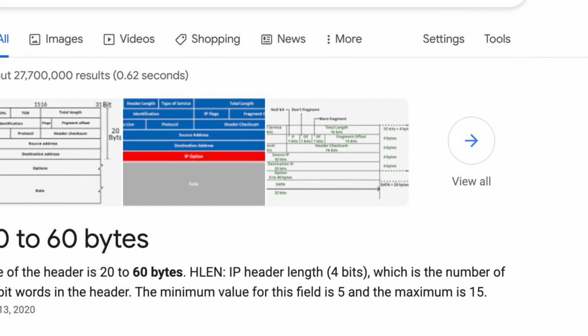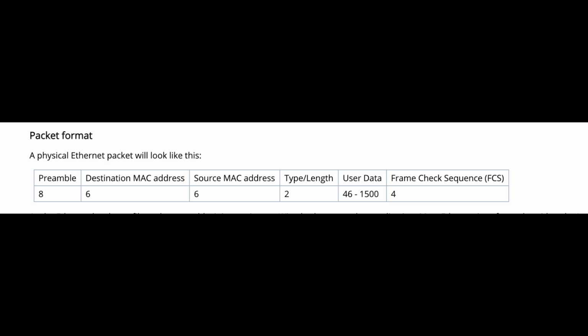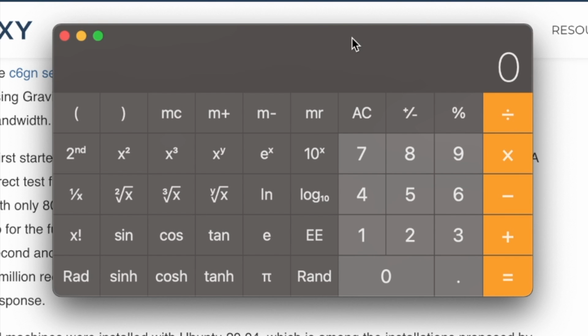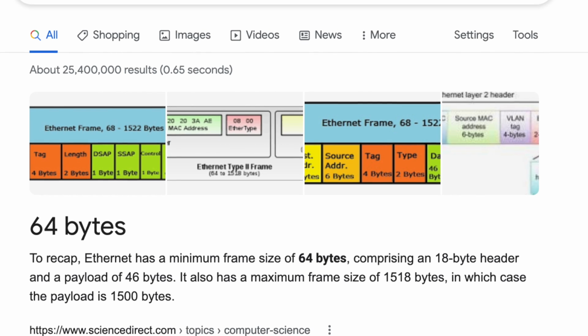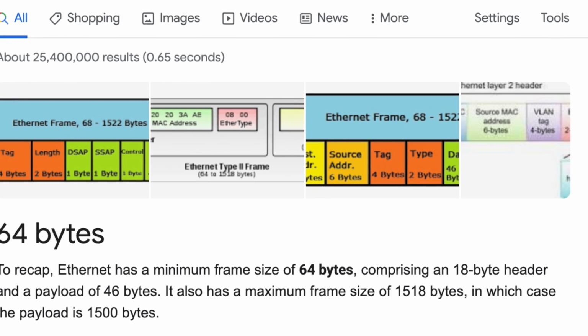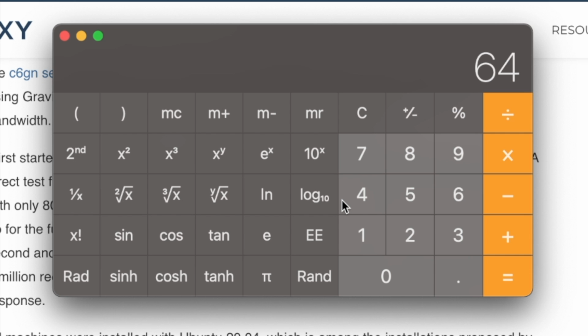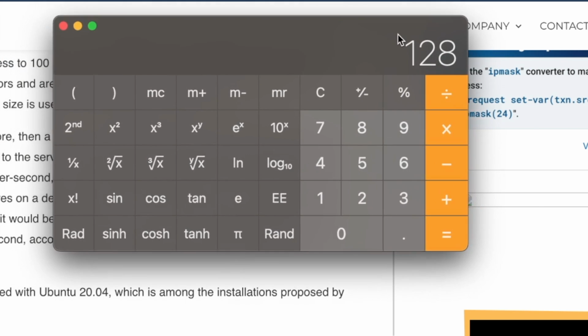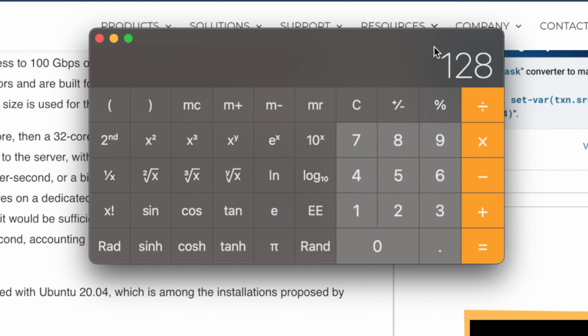So that's 40, and then another 24 on the frame on layer 2. So that's a total of 64 bytes with no data. Let's be conservative and say my application HTTP request is 64 bytes. So a single packet is 128 bytes.